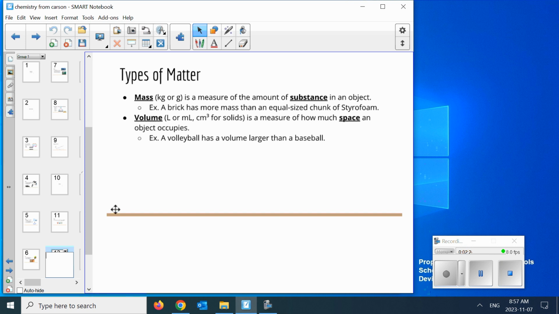Have you ever heard of a motorcycle engine measured in cc's? You know what those stand for? Centimeters cubed. Anyways, I won't get into engines too much, but it's a measure of how much space something occupies, right?